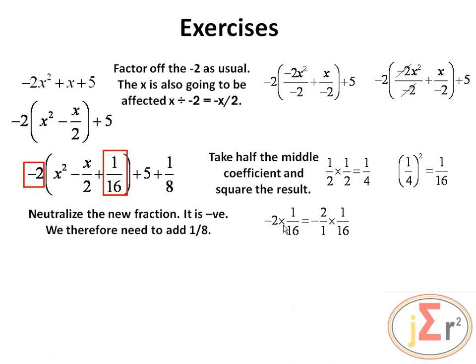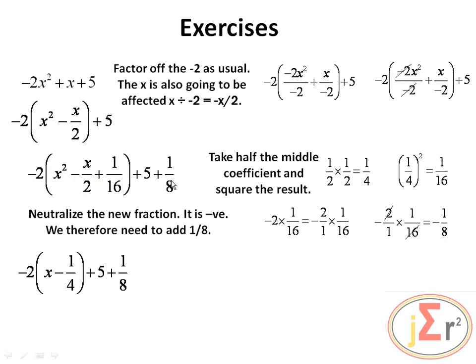So negative 2 multiplied by 1 over 16 gives negative 1 over 8. Because this is present right here, effectively negative 1/8 is introduced. So to neutralize that negative 1/8, we add 1/8 at the end, which is what we have right there.